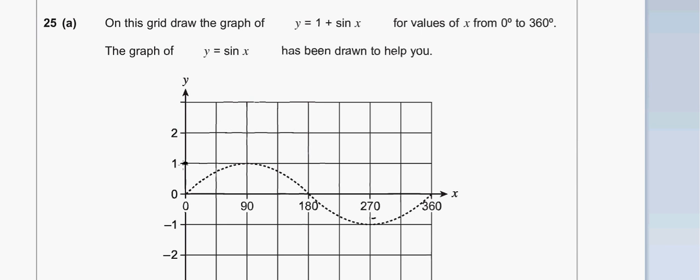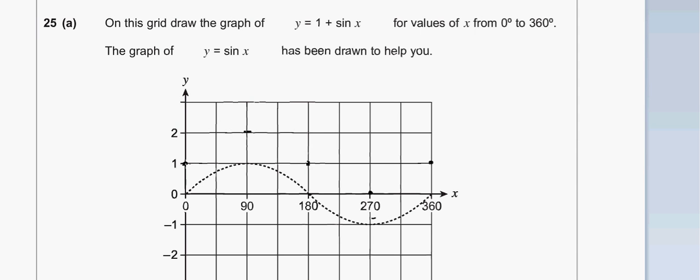So we'll have a point here, we'll have a point here, we'll have a point here, we'll have a point, we'll have a point here, we'll have a point here, and we'll have a point here.